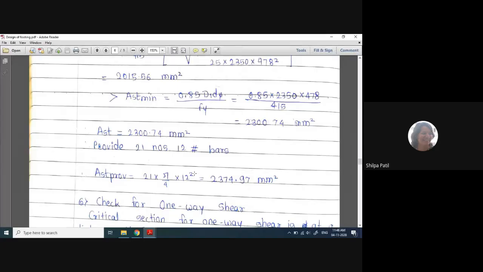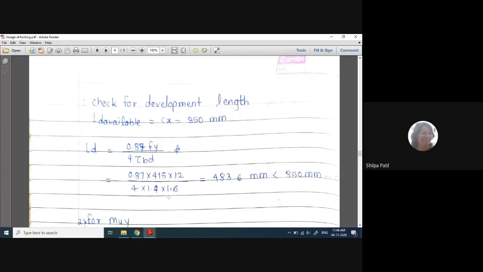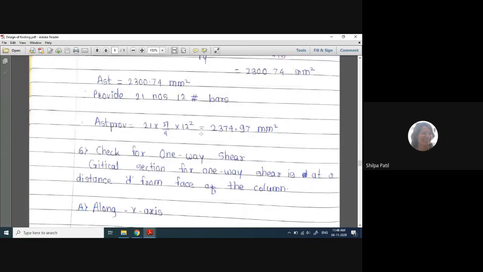Now in this case, if you go back to the calculation, the development length will remain the same, because it is 483 and the CY value is also 850. So again, for Y direction, there is no need to show the development length. It is the same as whatever we are getting perpendicular to the X axis or along the Y direction. Okay, is it clear? Area of the steel calculation.